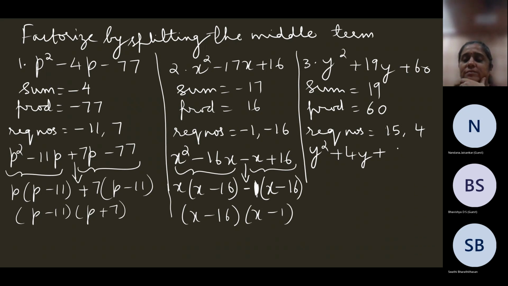How are you splitting the middle term? Using 15 and 4, right? So 4y plus 15y.